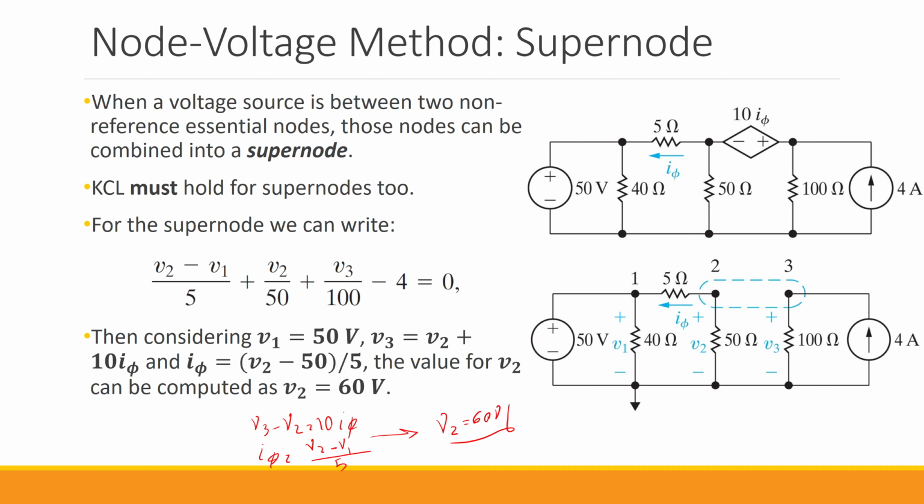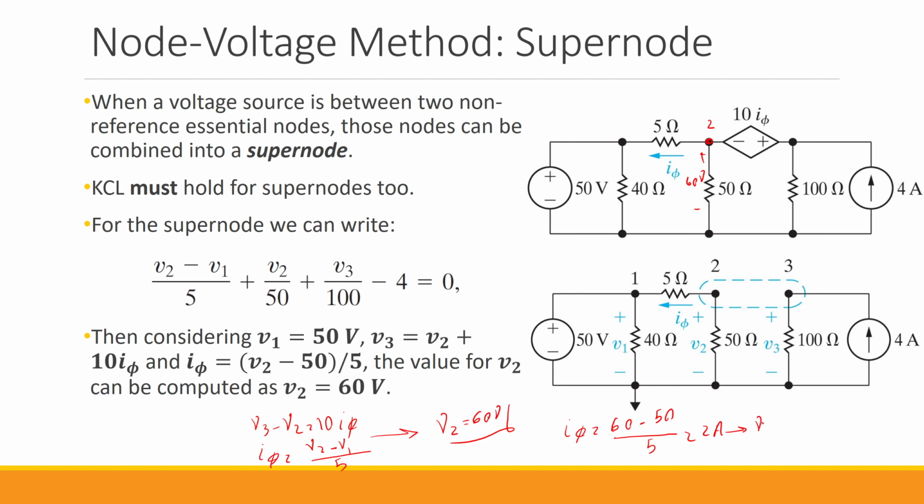What is the value for V3? If V2 is 60 volts, that makes I phi to be 60 minus 50 over 5, which is 2 amps.